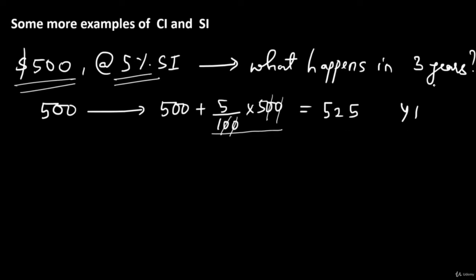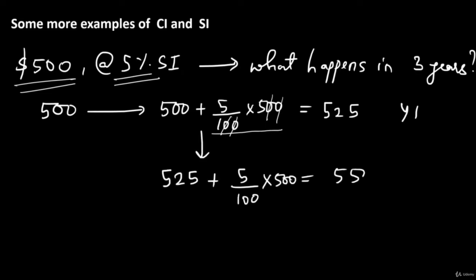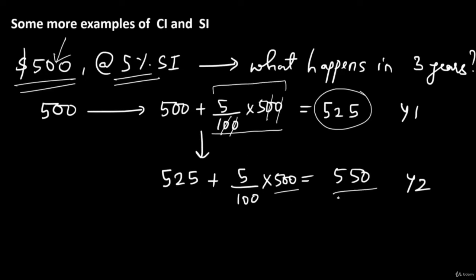Now, again, let's say 1 more year passes. So what will happen? This 525 will become 525 plus 5 by 100 into 500. Over here again, notice the interest is charged on the initial principal, which is 500. So 525, which is what we had at the end of year 1, plus 5% of 500, which is again 25. That's the same thing that we calculated over here. So 525 plus 25 is equal to 550.